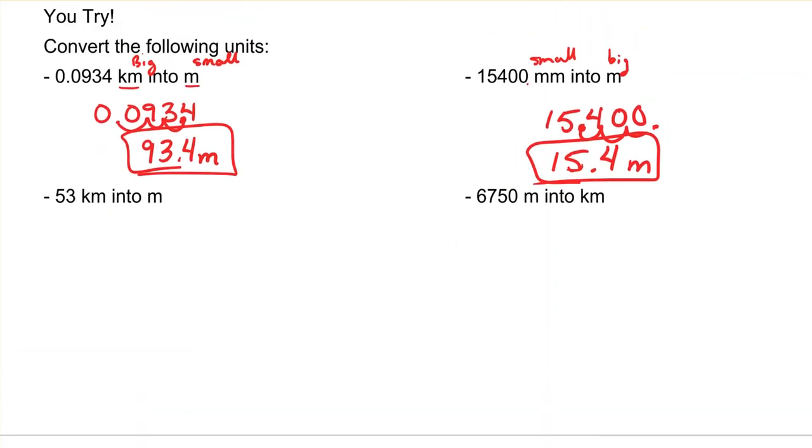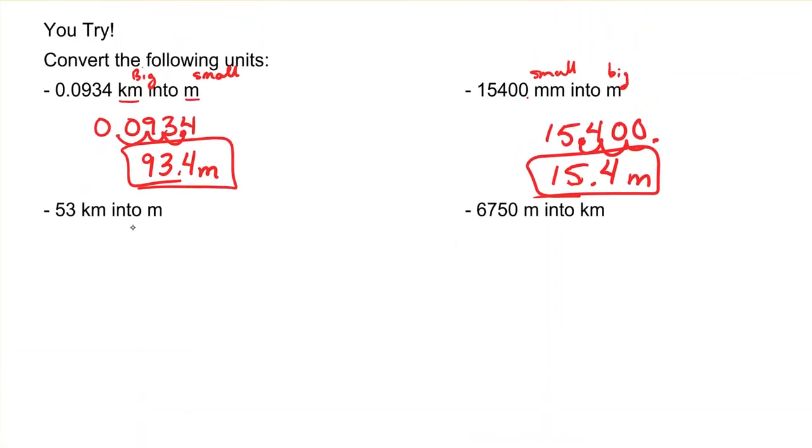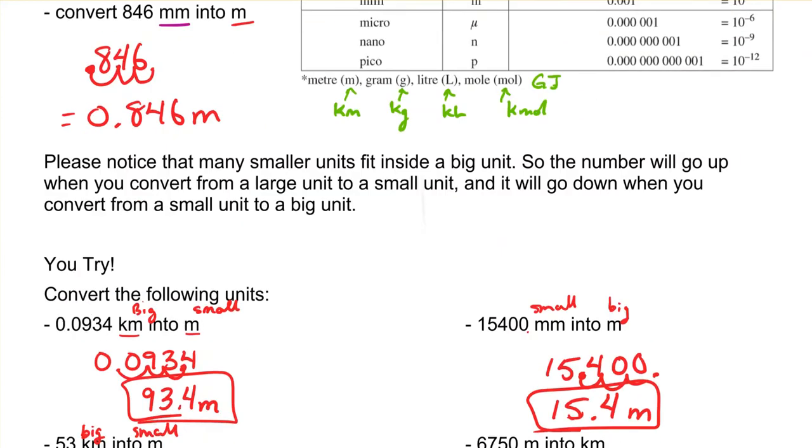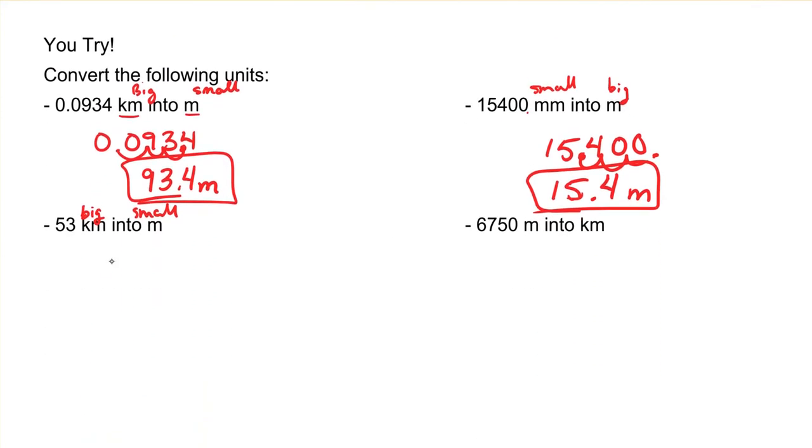Two more examples. So 53 kilometers into meters. We're going from a big unit into a smaller unit. Kilometers is up here, and we're going into our base unit. So that's 1, 2, 3. I'm going to move the decimal place 3 times. So 53, that's right there.